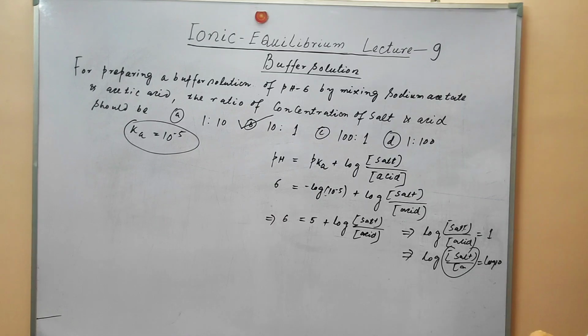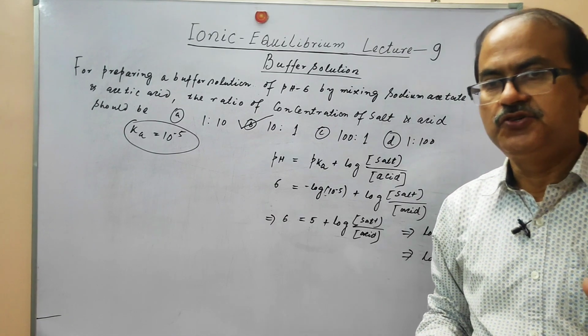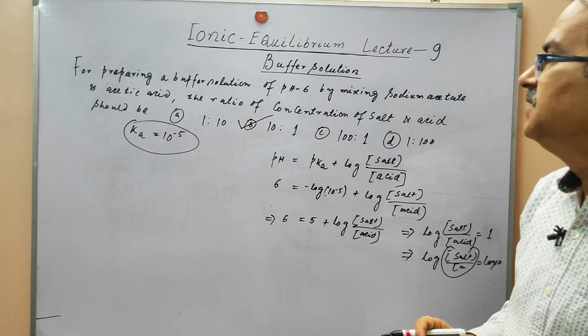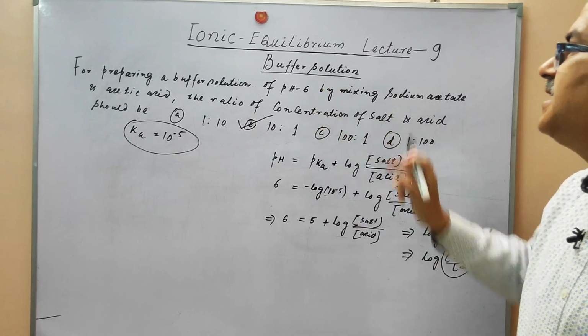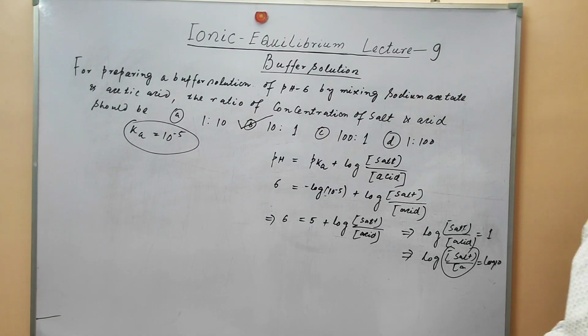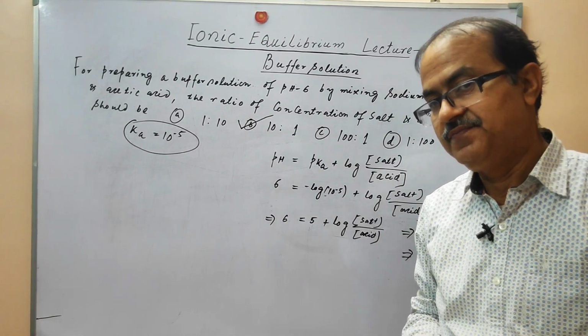So if we take the buffer solution with the ratio of the salt and the acid is 10:1, with this buffering agent, acetic acid and sodium acetate, we will get the pH 6.